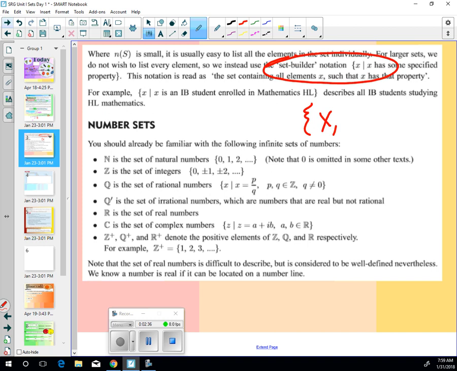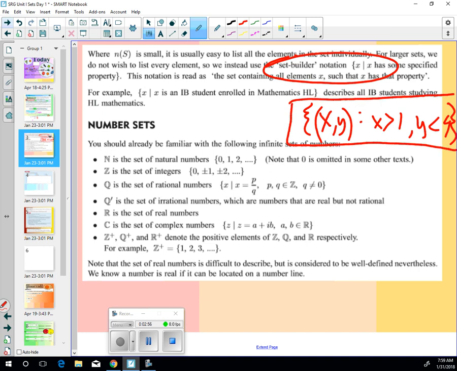So you say the set of XY such that X is greater than 1 and Y is less than 4. And that would be your set of XY. That set builder notation is going to be very key to problems and for answers that you're going to produce.